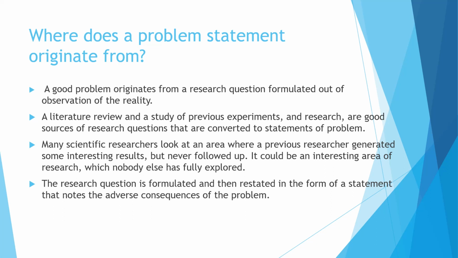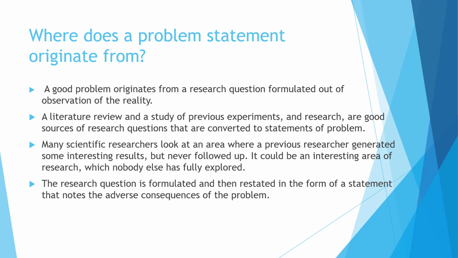From there you can get an idea for your next research as your problem statement. It could be an interesting area of research which nobody else has fully explored, but you have to make sure there are limitations of previous studies, so your study will add to them.